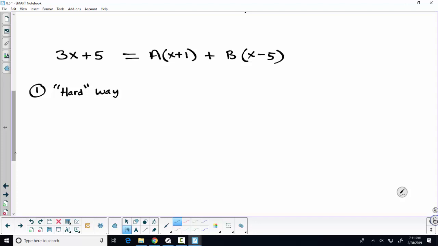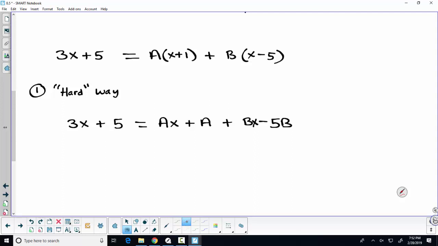So what we need to do is equate the coefficients to figure out what a and b are. So we have 3x plus 5 equals ax plus a plus bx minus 5b.